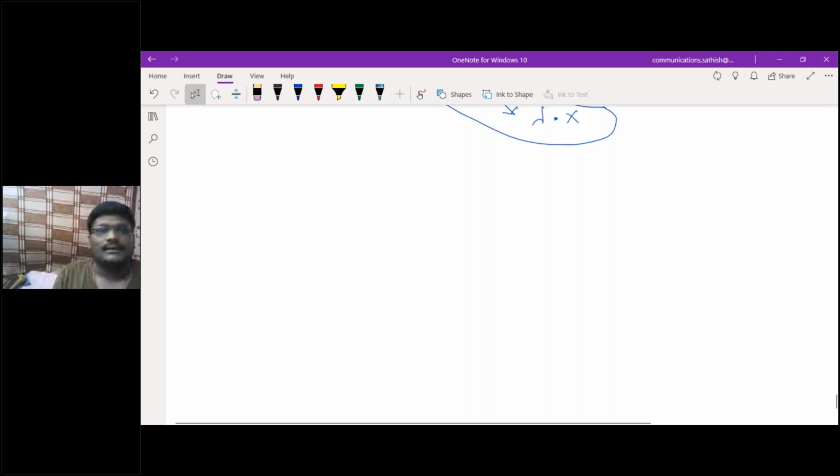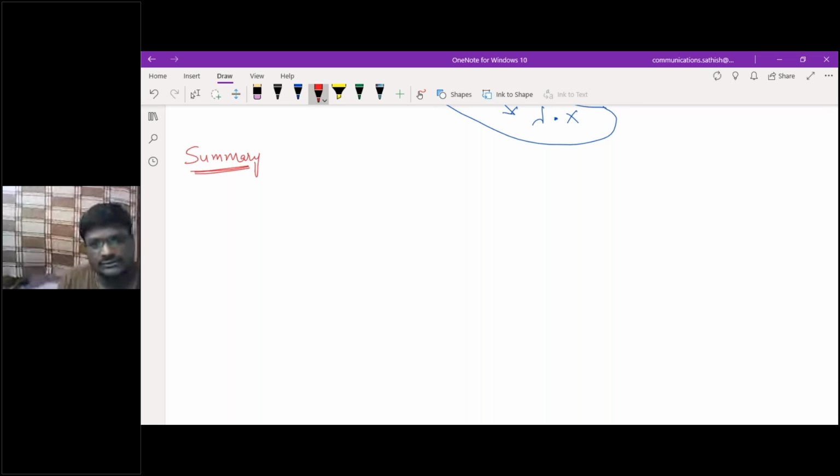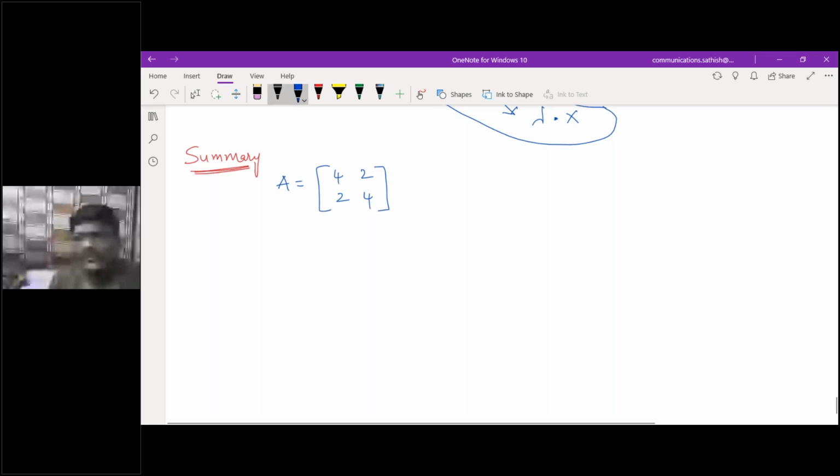Now let me take the summary part of this. If you understand, try to concentrate much more on this one. The matrix I have taken here, the matrix A, is what? 4 2 2 4, right? For this matrix, you calculated the lambda 1 value as 2 and the lambda 2 value as 6.